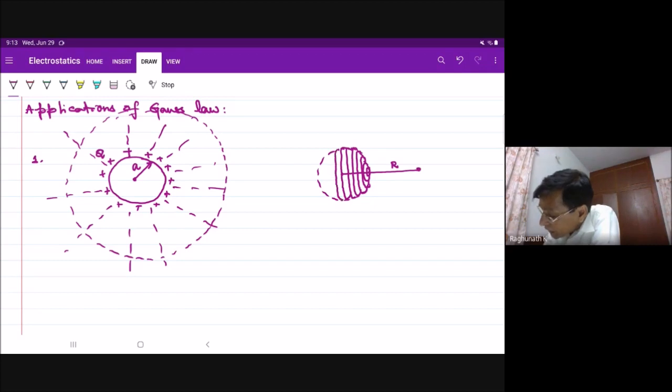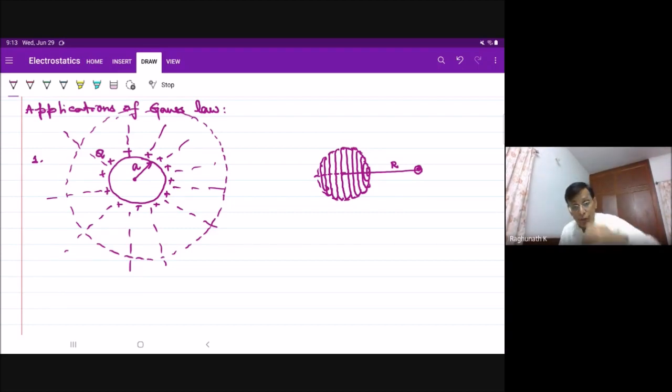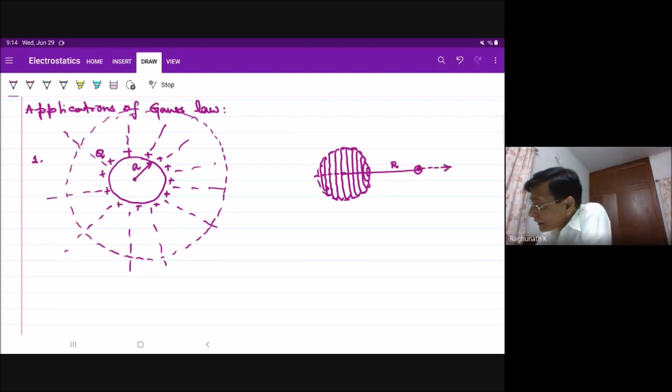So many ring charges like this, so that the point of interest is on the axis of all the ring charges of different radii, because of which we know that on the axis of a circular ring charge, the field is axial.